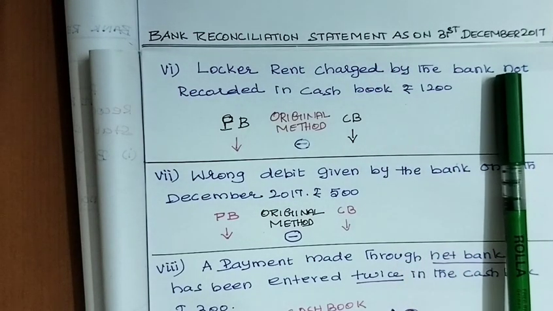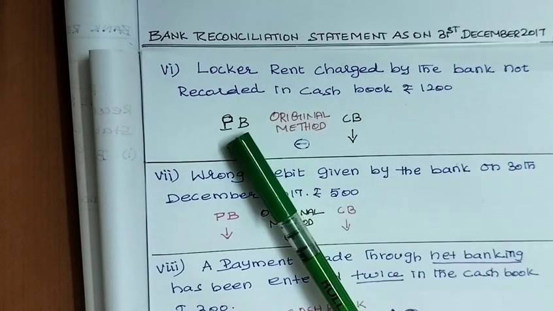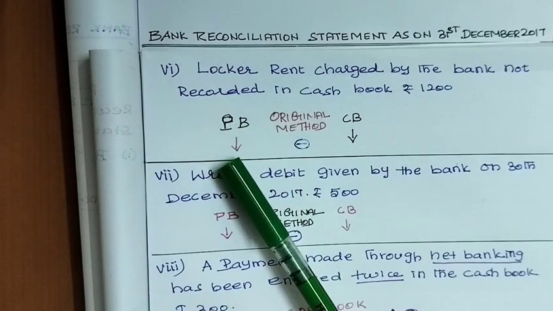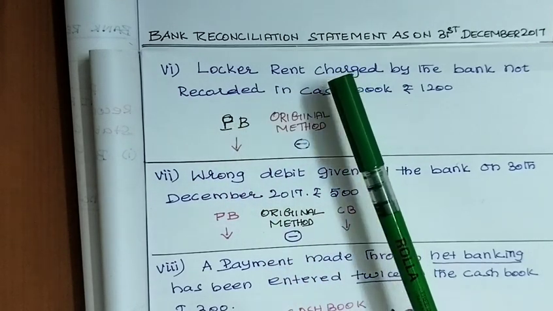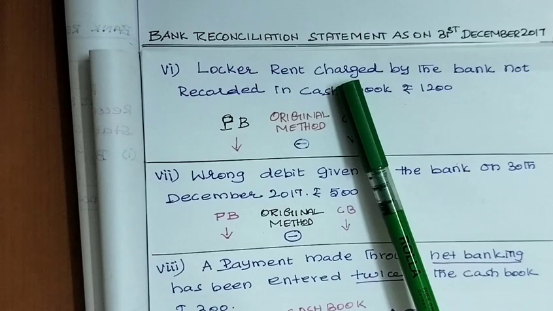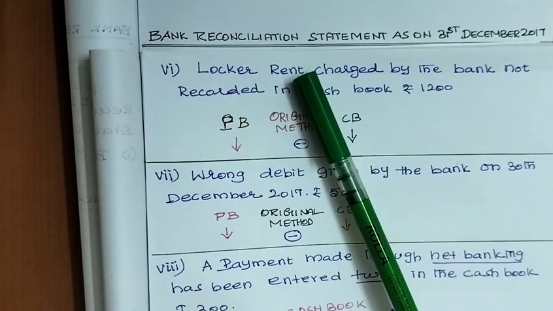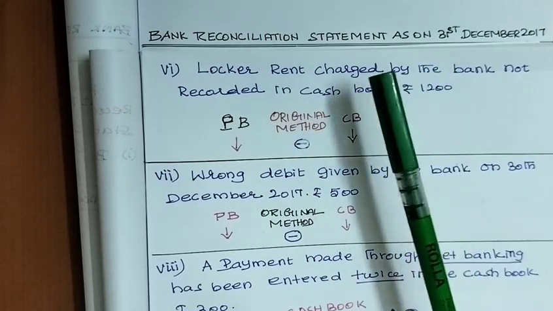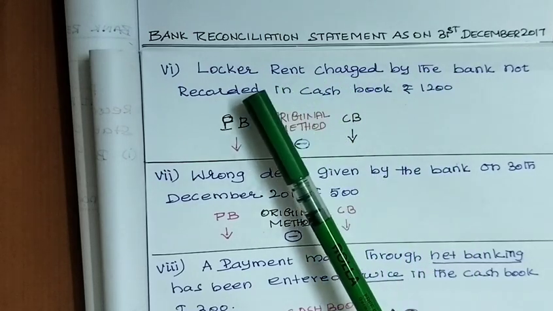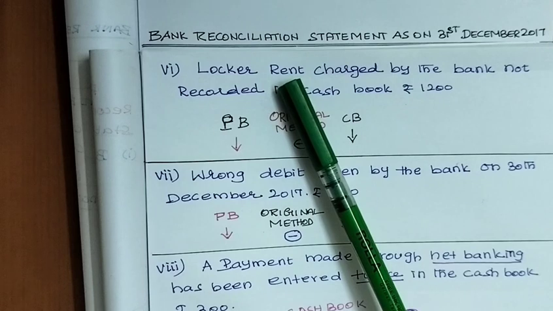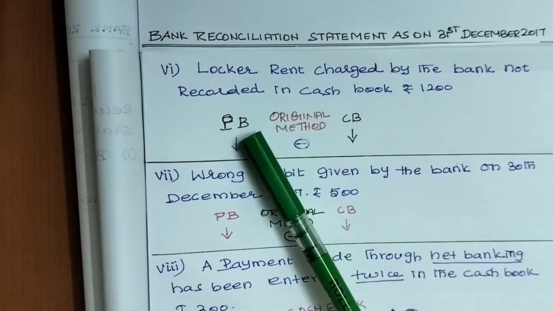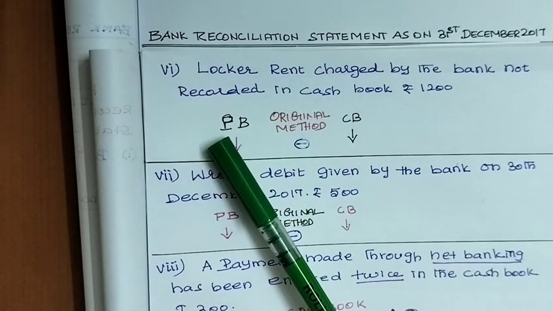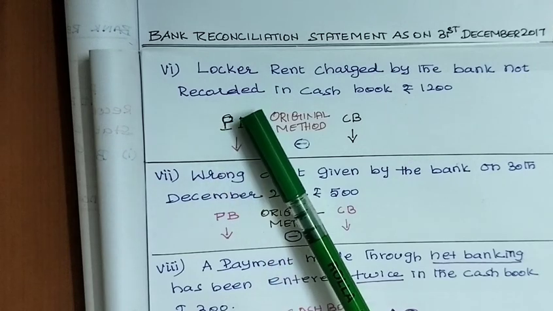What about the passbook? In the bank, the passbook will be decreased. Charges mean cash taken for the locker rent. The bank directly took the locker rent from its customer's account, so immediately the passbook will be decreased.